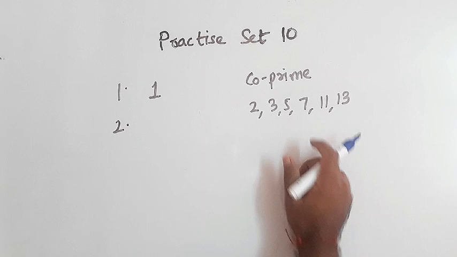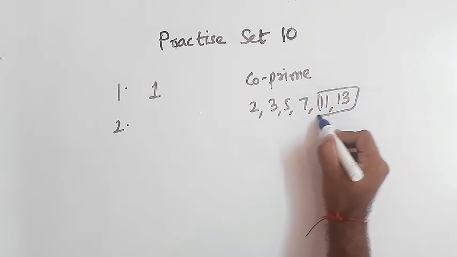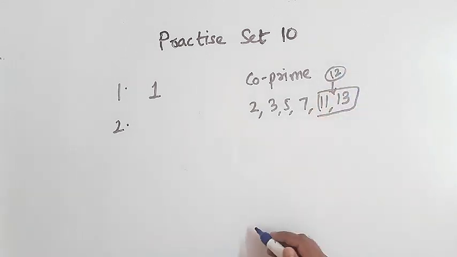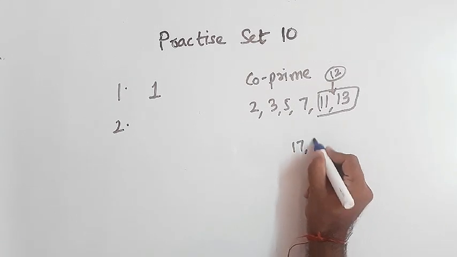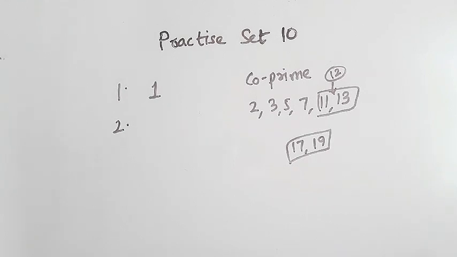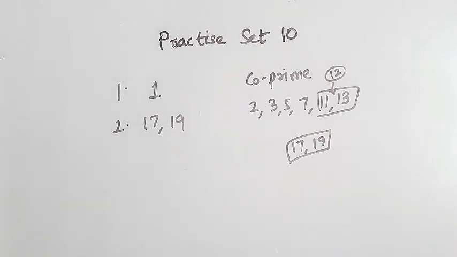Such numbers are called co-prime numbers, like 11 and 13. There is only one even number in between. Then I can write 17 and 19. This is also a co-prime pair. So you can see the third option, 17 and 19, is an example of co-prime numbers.